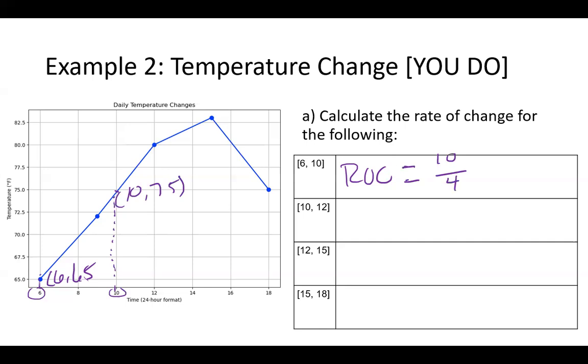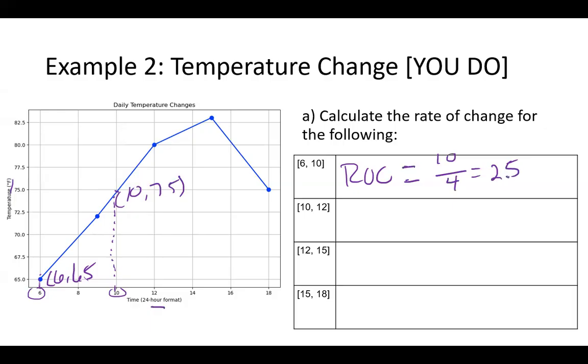So my rate of change here would be, is it 2 and 5 halves, right? 2.5? 2.5. Mm-hmm. And then what are my units? So my x's are hours, my y's are degrees Fahrenheit, right?